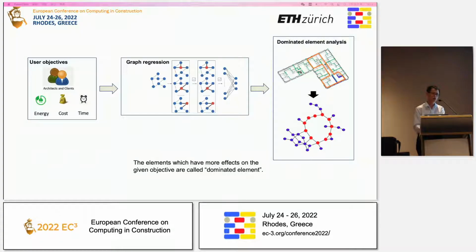Once the result is obtained, we further use another graph neural network plus specific techniques. We have a masking mechanism to conduct a sensitivity analysis. In the end, the output is that we can find the dominant element. Here the dominant element refers to the element that has more effect on, or is more sensitive to, the selected objectives.